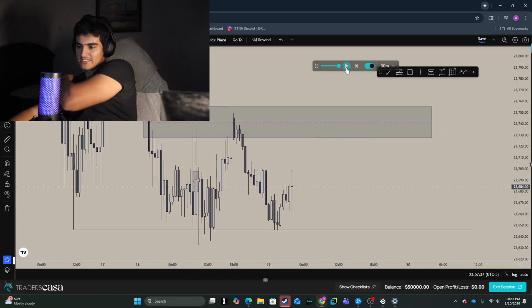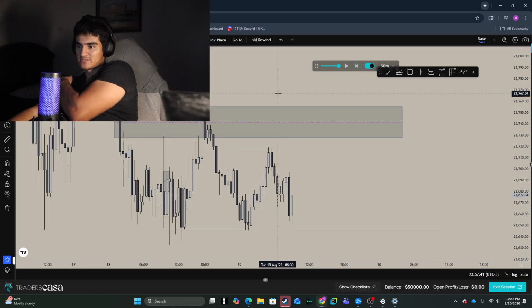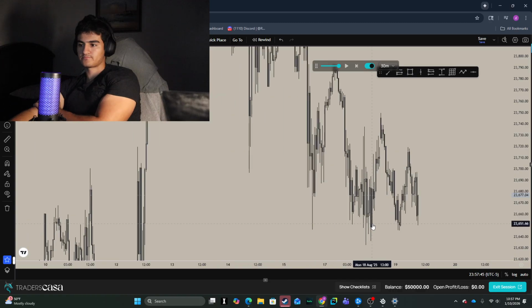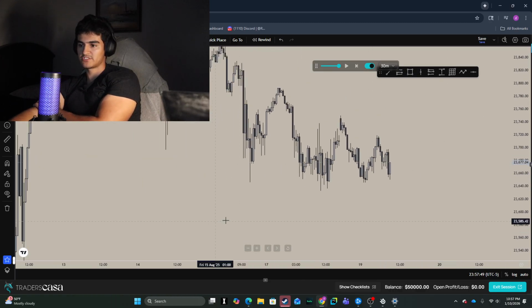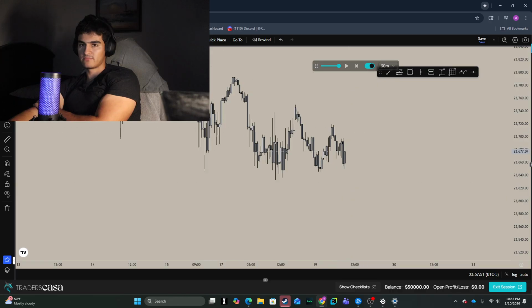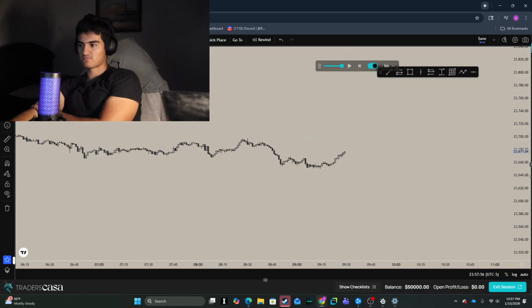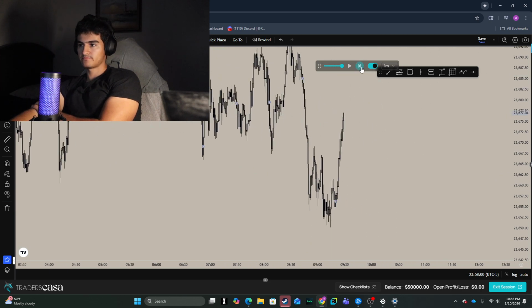I want to take a nice setup, a nice entry, a nice displacement. We're just in this accumulation right now, so I don't really expect much from this. Let's see.